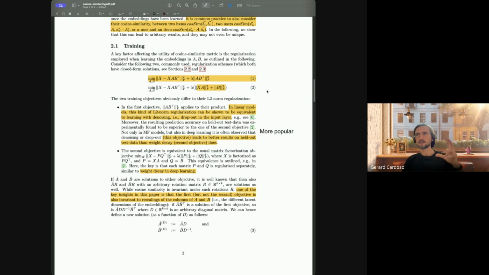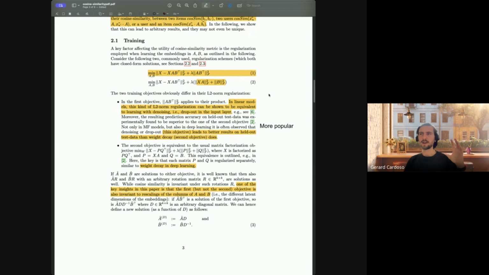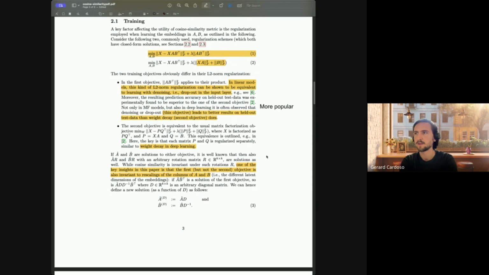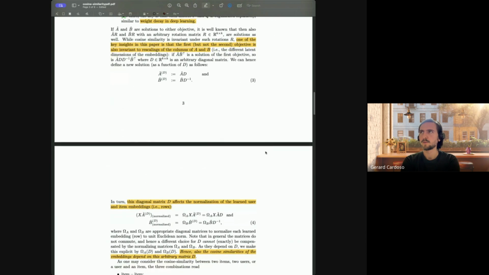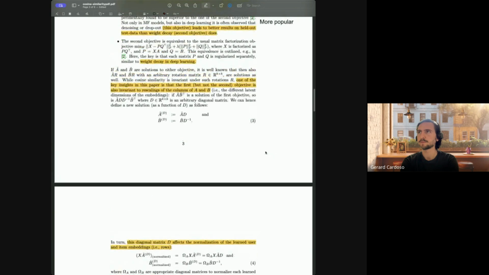And the reason they pick these two is because they impact things in different ways. They have different closed form solutions, and therefore they impact the resulting cosine similarity. So this is where it starts getting into the meat of the results in the paper.